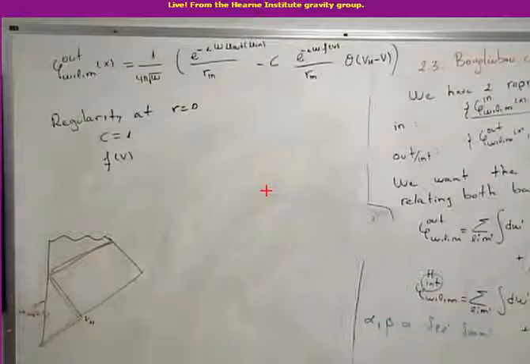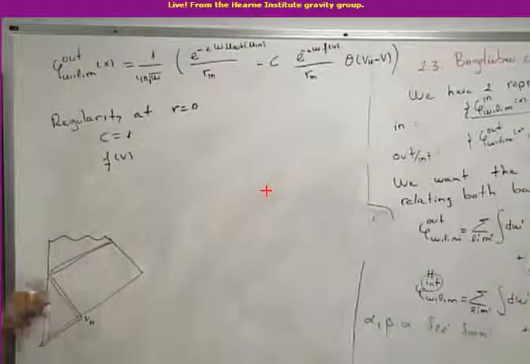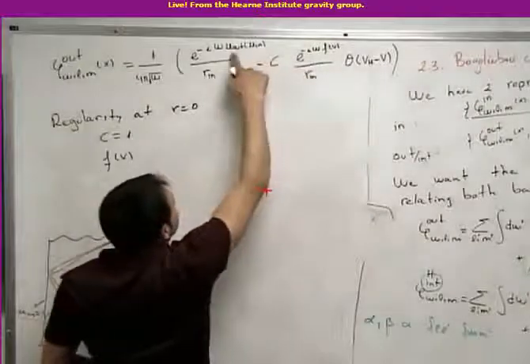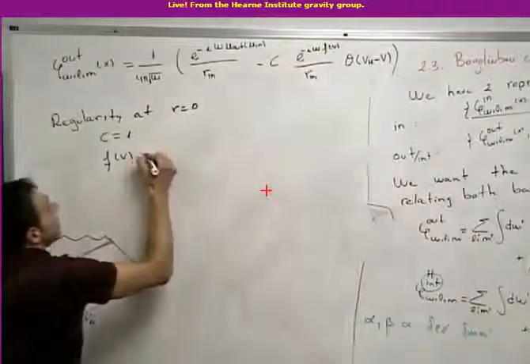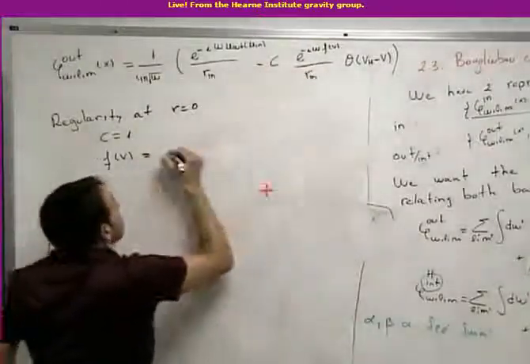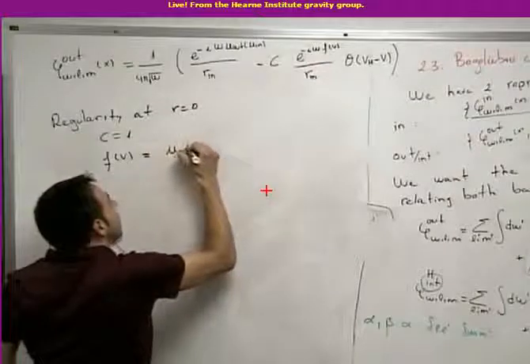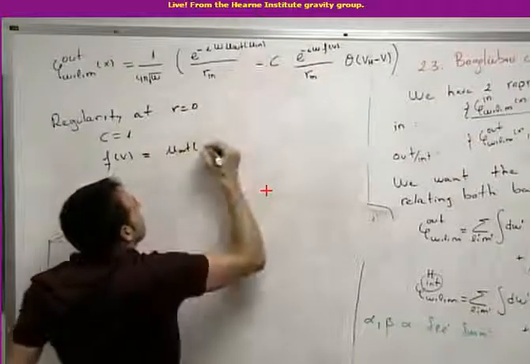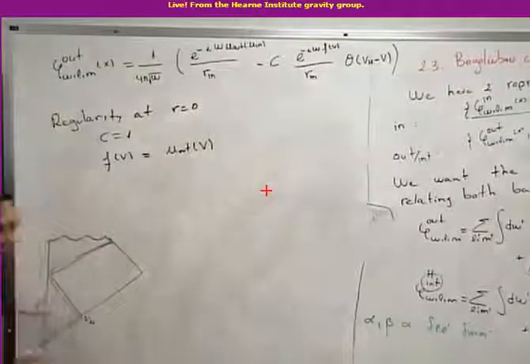Remember that if you take the definition of u in and v, v is t plus r in, and u in is t minus r in, so r equals 0 is precisely where they are the same. So in order for this to cancel with the minus there, this is forced to be the function out, but replacing the u in by v.